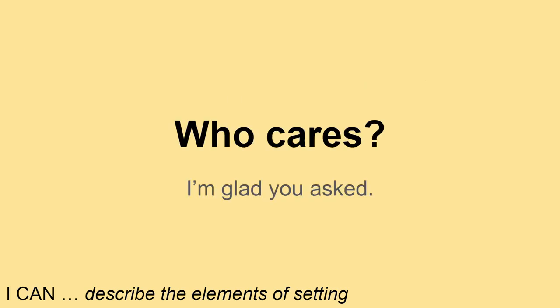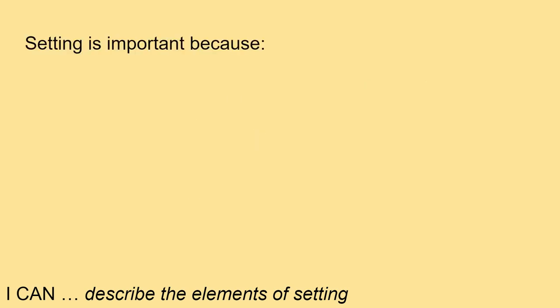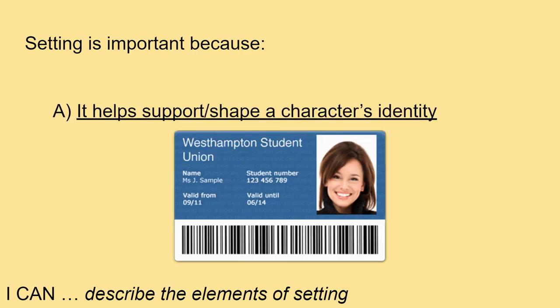Who cares? Well, I'm glad you asked. Setting is important because it helps support or shape a character's identity. For example, a character from 17th century London is going to have a much different existence than a character in present day New York City.